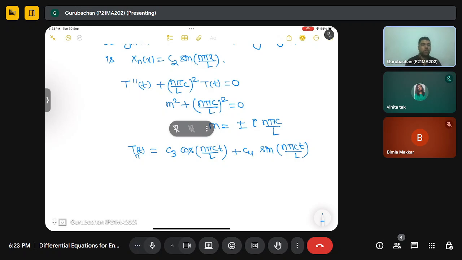Since it is depending on n, we write T_n(t). Now what will be u(x,t)? Because we have solved this using the boundary condition, now we have to use the initial condition also.